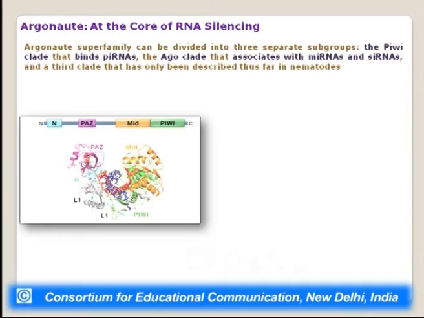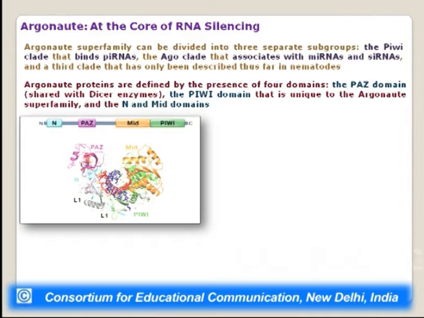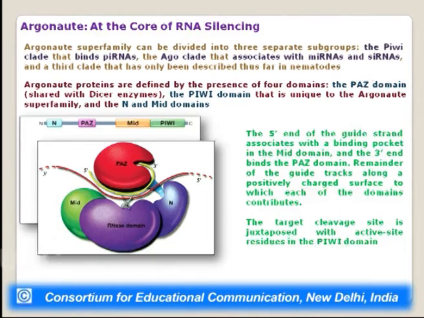The Ago clade proteins are defined by the presence of four domains: the PAZ domain, which is shared with the Dicer enzymes, the PIWI domain that is unique to the Argonaute superfamily, and the N and the MID domains. The 5' end of the guide strand associates with the binding pocket in the MID domain, and the 3' end binds to the PAZ domain as it is shown.